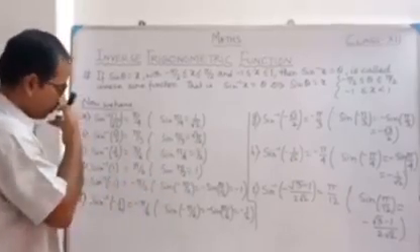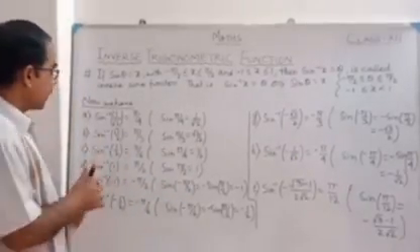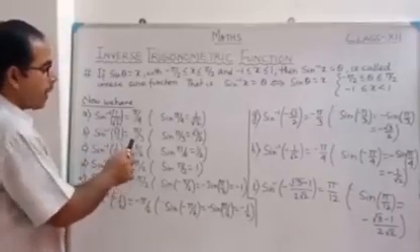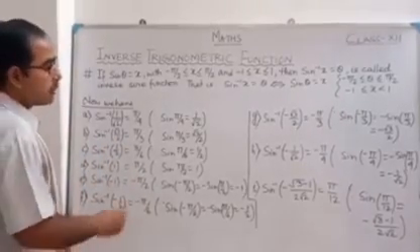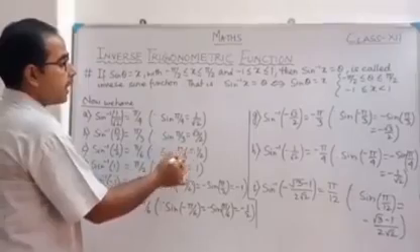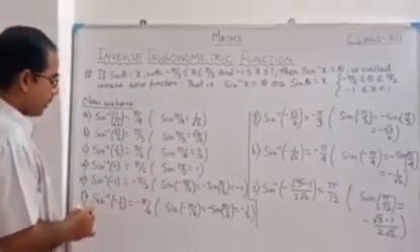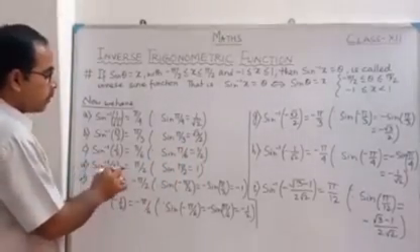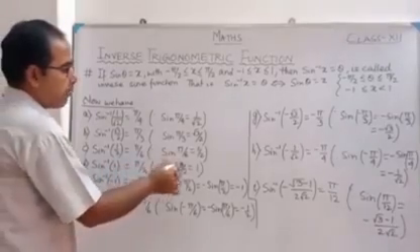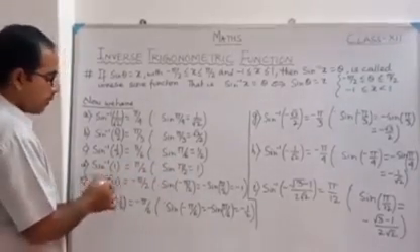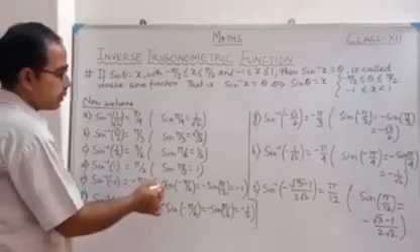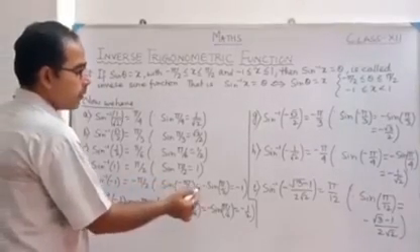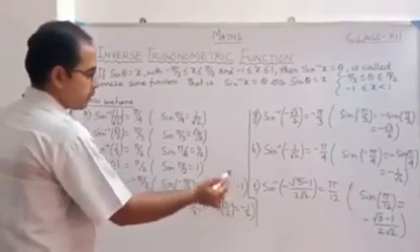Next, sine inverse 1 by 2 equal to pi by 6, as sine pi by 6 equal to 1 by 2. In similar way, sine inverse 1 equal to pi by 2, because sine pi by 2 equal to 1. Sine inverse minus 1 equal to minus pi by 2, because sine of minus pi by 2 equal to minus of sine pi by 2 equal to minus 1.